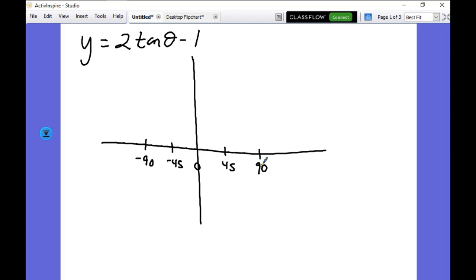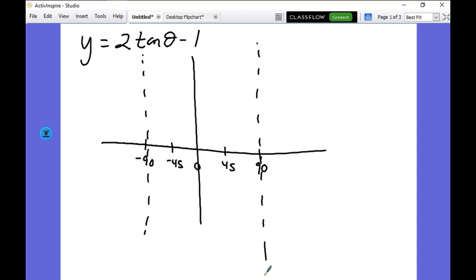So, next step. Allison, read me step 2, please. Sketch the asymptotes at the first and fifth theta values. There we go. So sketch your vertical asymptotes at the first and last theta values.